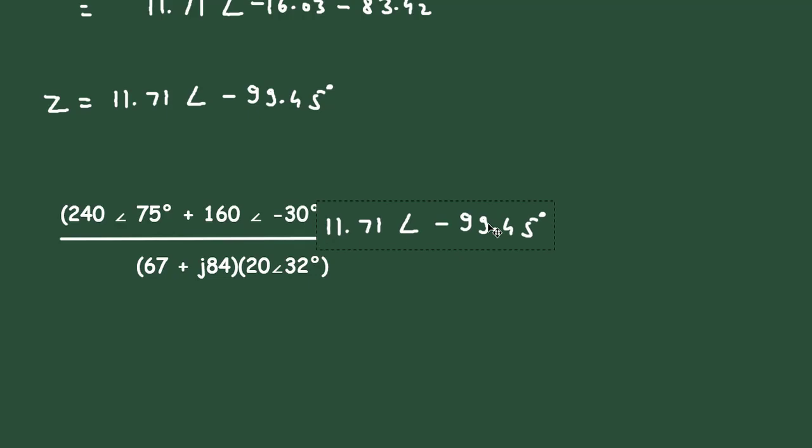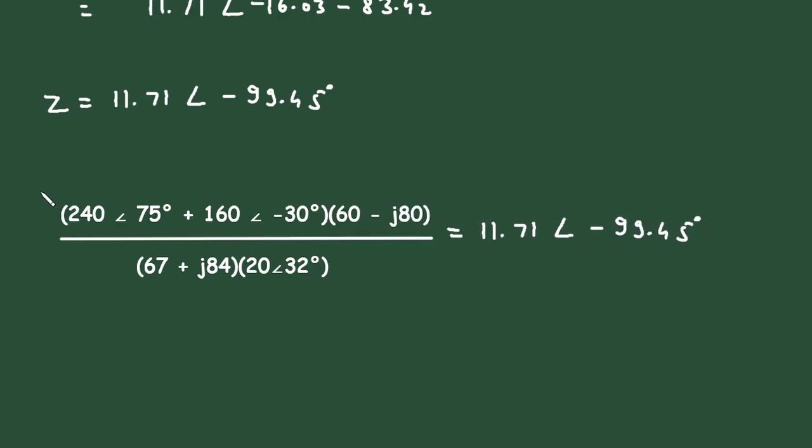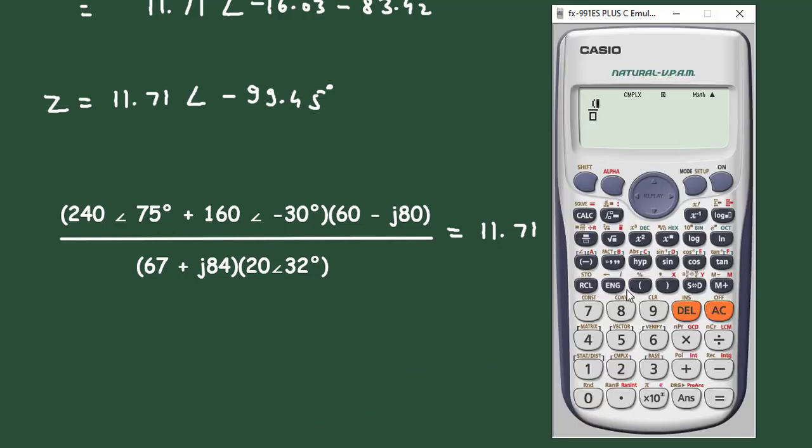We can verify our answer in calculator. So let's verify our answer in calculator. 240 at an angle 75 plus 160 at an angle minus 30 degree, then 60 minus I into 80 divided by 67 plus I into 84, 20 at an angle 32.